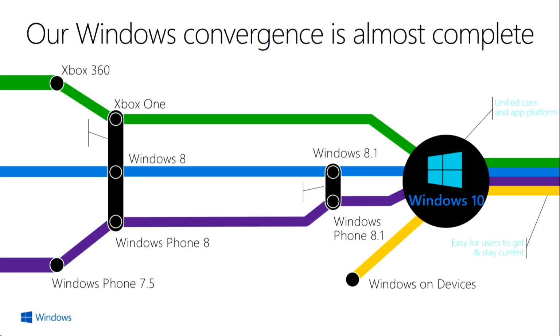So I've got a funny feeling this slide has been up in a lot of talks, probably more last year than this year. But hopefully everyone's aware, thank goodness, we've done a huge amount of work around converging our development platform. So if you're building for phone, if you're building for Xbox, or if you're building for desktop, they are the same API.